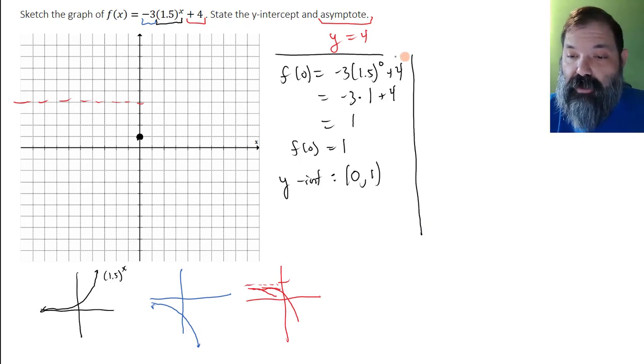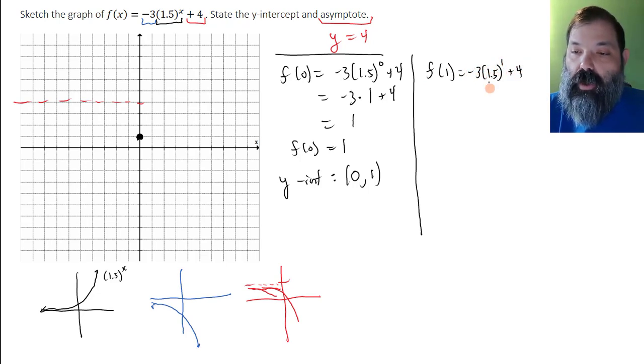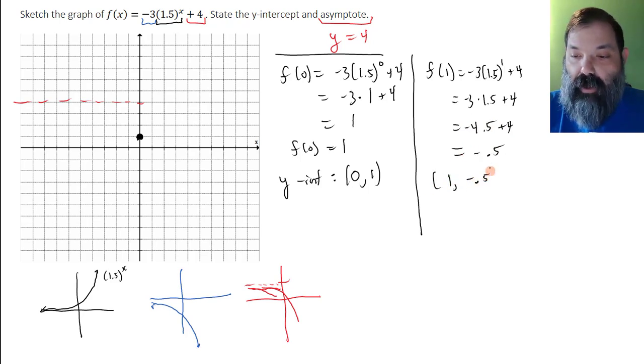Let me just move one space to the right. f of 1 would be -3 times 1.5 to the first plus 4. 1.5 to the first is 1.5. So -3 times 1.5 plus 4. That's -4.5 plus 4, which is -0.5. And so I now also have the point (1, -0.5).